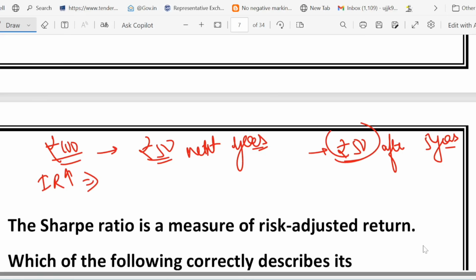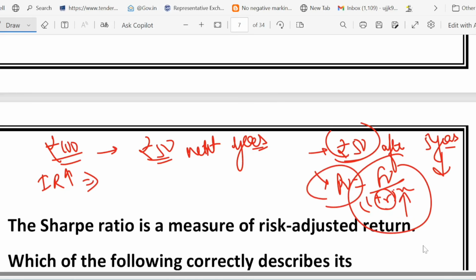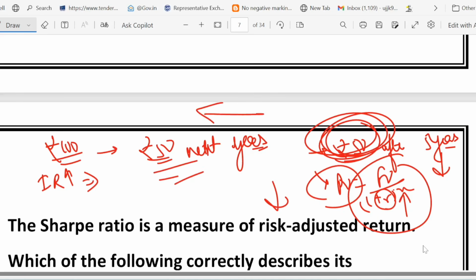So most of your value is recovered early. So obviously your duration will get lower. Why is it worth less? Because if you calculate the present value, it is future value upon (1 plus r) to the power n, right? So if the interest rate is increasing, the denominator is increasing, so present value is decreasing, so the worth of this 50 rupees is very little. So the duration shifts toward the earlier value. That's why the duration of the bond decreases. It means you can recover the amount early, right?